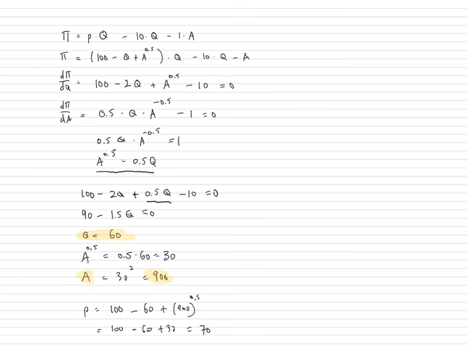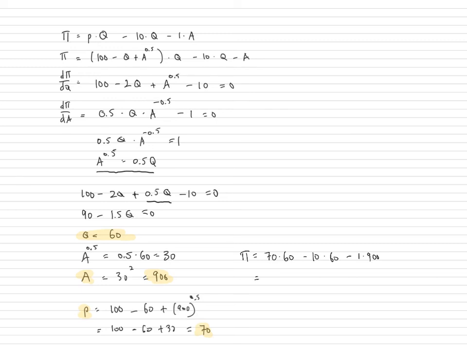All right. So if I have the price too, I can use all that to calculate what the profit will be equal to. Profit will be equal to price times quantity, so that is 70 times 60, minus the marginal cost times quantity, so 10 times 60, minus the cost of advertisement, which is 1 times 900.